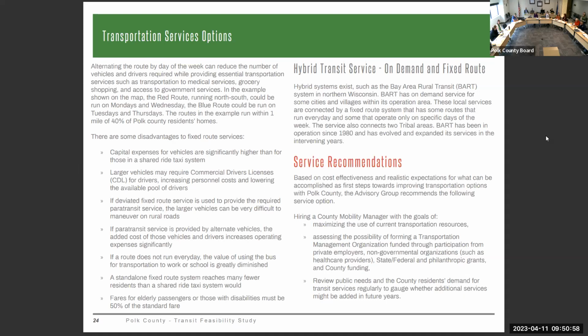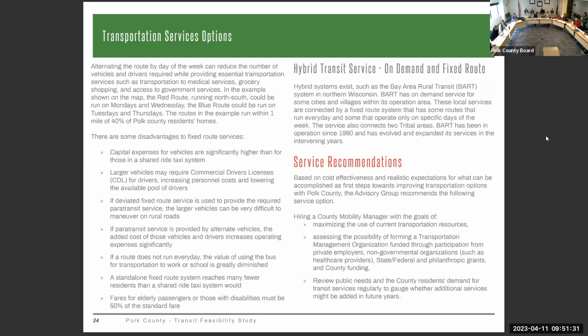So the service recommendations there on the bottom right of slide 24, based on the cost effectiveness and the realistic expectations for what can be accomplished as first steps towards improving the transportation options for the county. The advisory group recommends the following services. It's not unanimous, but I would say a large majority of the people thought that this suggestion for service options was the most likely to be done.